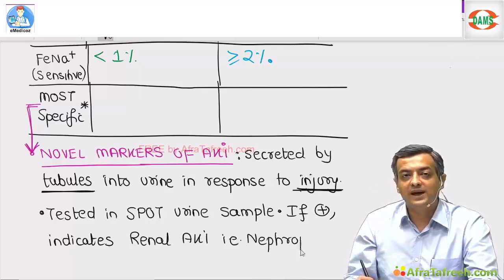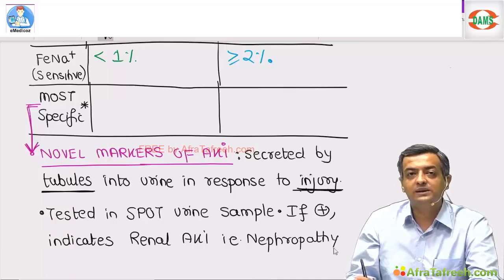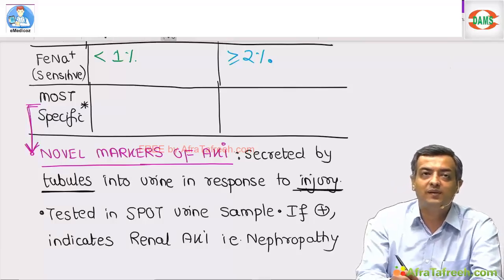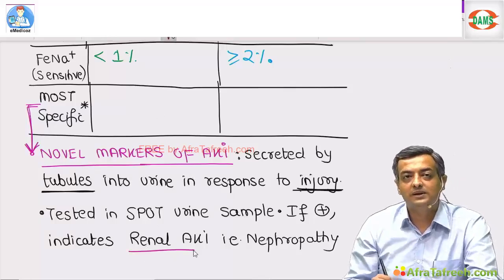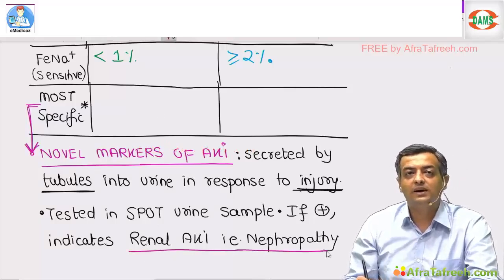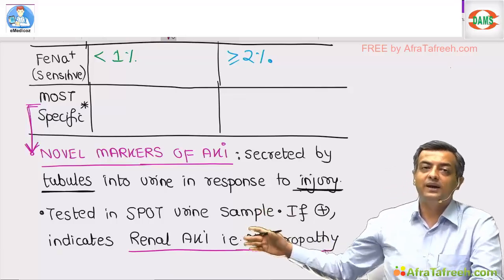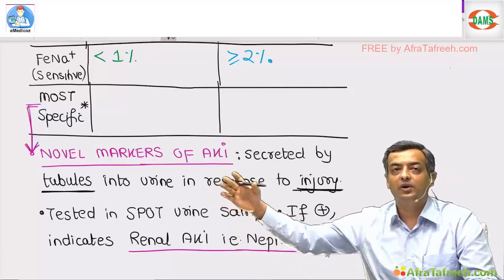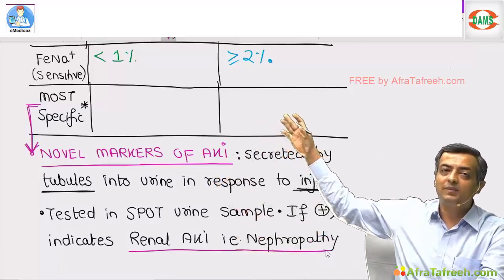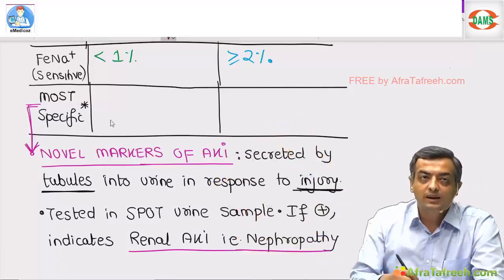So you are going to check a spot urine sample for whether the patient has the novel marker present. If present, then definitely the problem is in the tubule, meaning renal, meaning nephropathy.